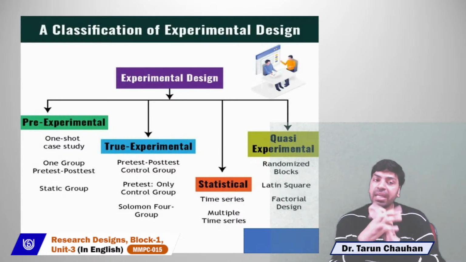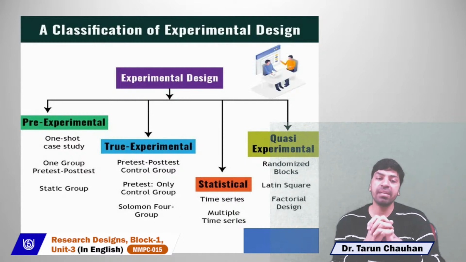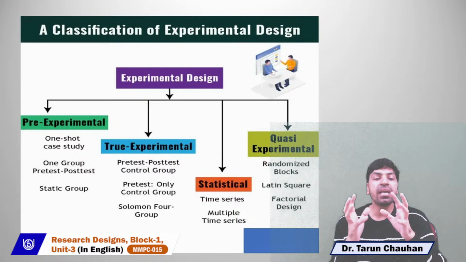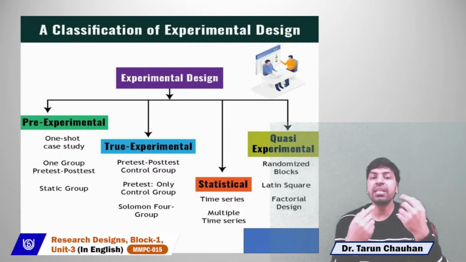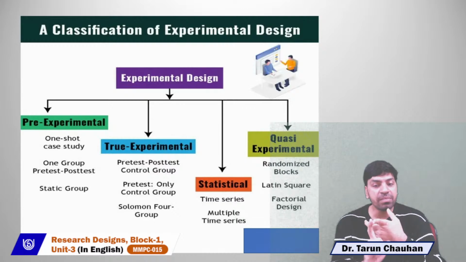So this is the way experimental designs are classified into three main categories: pre-experimental, true experimental and quasi-experimental. Statistical analysis and tools are used to measure the data collected using these classifications, namely time series, multiple time series, Latin square, randomized block and factorial design analysis.